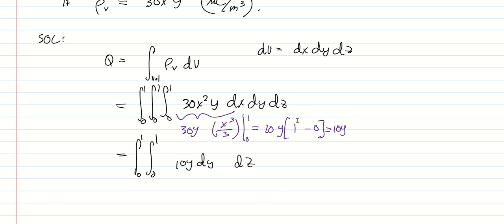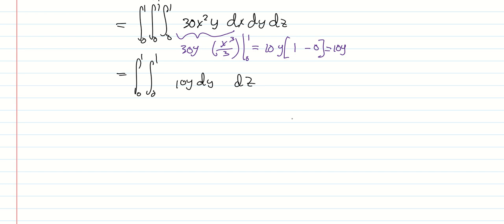The next thing to integrate is with respect to y. The integral of 10y with respect to y is 10y squared over 2, which is 5y squared. Upper limit minus lower limit, from 0 to 1, gives 5 times 1 minus 0, which is just equal to 5.